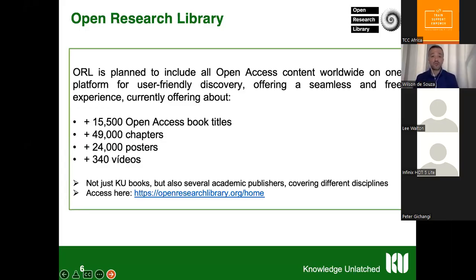We are hosting almost 16,000 open access book titles, and almost 15,000 chapters. And we have not just book content there, we also have academic posters and videos as well.